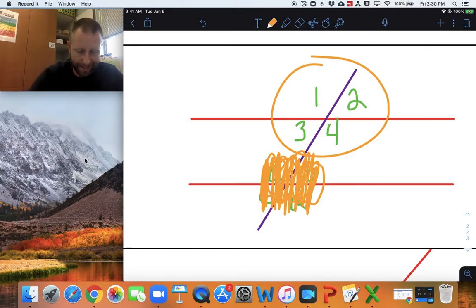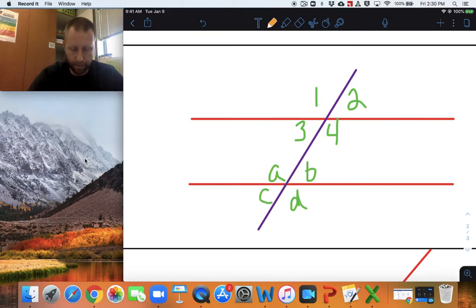So for instance, let's undo all my scribbly marks here. Angle 1 and angle A are in the same relative position. Again, if I were to cover up that bottom intersection, angle A was in the upper left position, angle 1 is in the upper left position. And you can see how they look like they would be congruent.